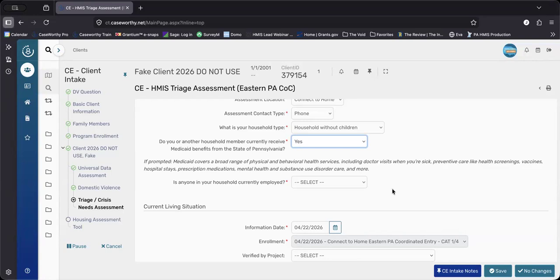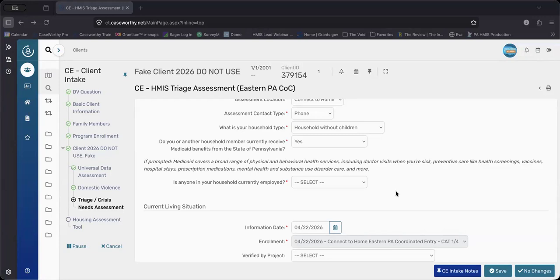And so, while it's a very simple question, is anyone in your household currently employed? We could go into additional detail on sources of income or amount of income, but to keep this a streamlined process and not be too intrusive, we're just asking, is anyone in your household currently employed?